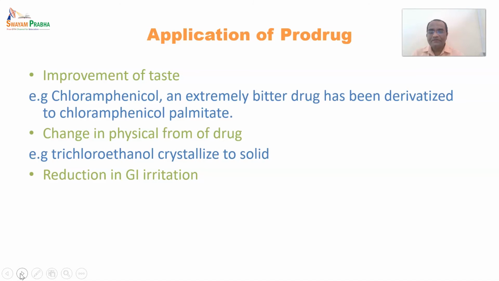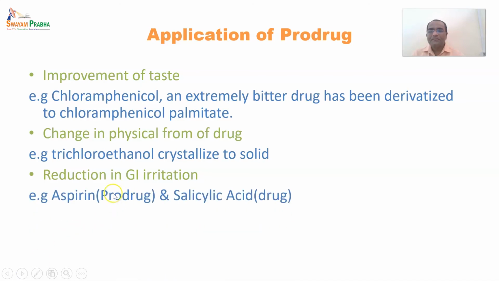Reduction in GI irritation, for example aspirin. It is one of the famous drugs in the market, but it is a prodrug of salicylic acid.